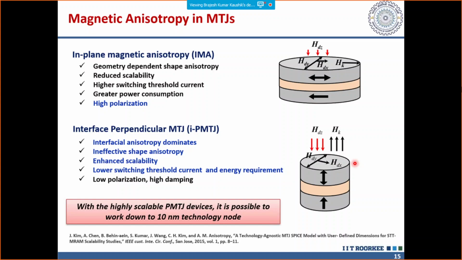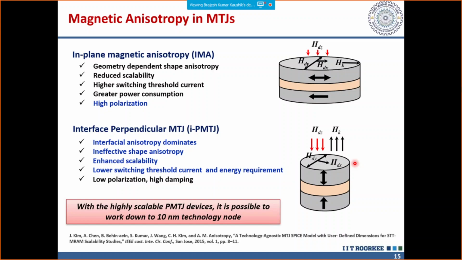Now, over the years, magnetic anisotropy or the type of MTJs has also improved and changed a lot. So you can see the two types of magnetic anisotropy, or MTJs, in front of you. One is in-plane magnetic anisotropy, and the other one is interface perpendicular MTJs.